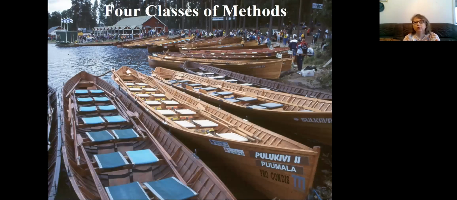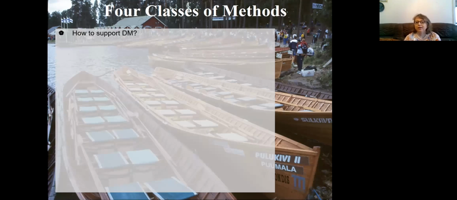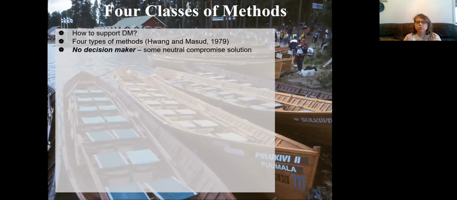Because of the central role of the decision maker in the solution process, I like dividing the different methods that have been developed for multi-objective optimization into 4 groups. In the first one, we do not have any decision maker available. So we need to just find some neutral compromise solution.